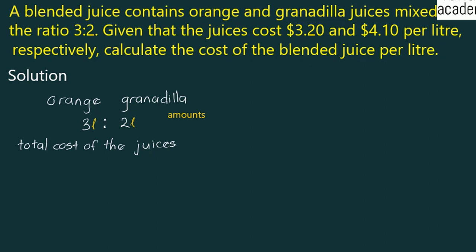Alright, so since we have 3 liters of orange, the total here will be $3.20 multiplied by 3. And since we have 2 liters of granadilla at $4.10, that will be $4.10 by 2 liters. Alright, so the total cost of the juices using our ratios will be $9.60 plus $8.20.